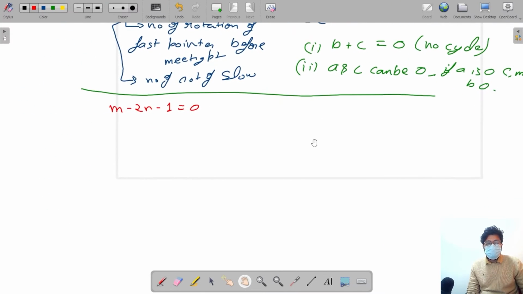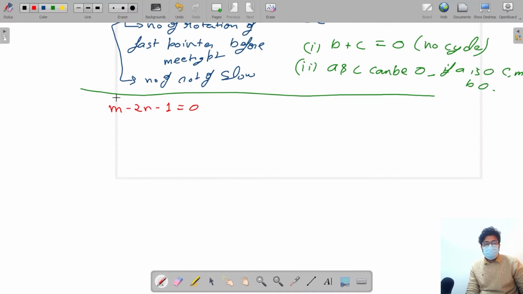Here N is either smaller than 1 or greater than or equal to 0, meaning N before the meeting point is equal to 0.